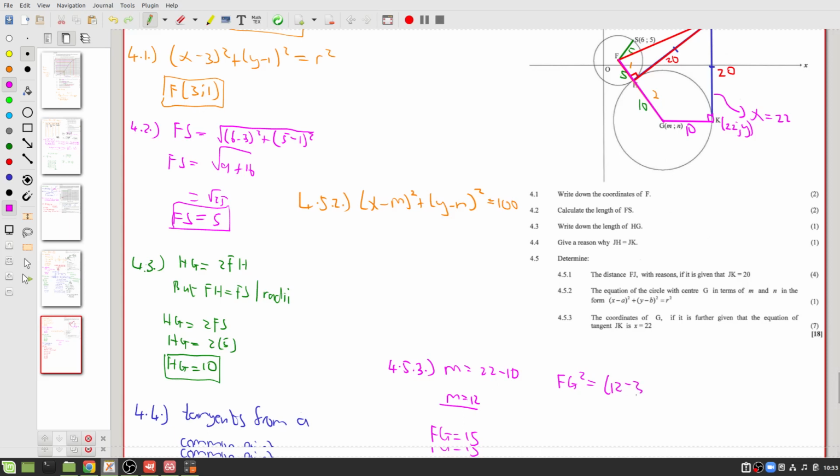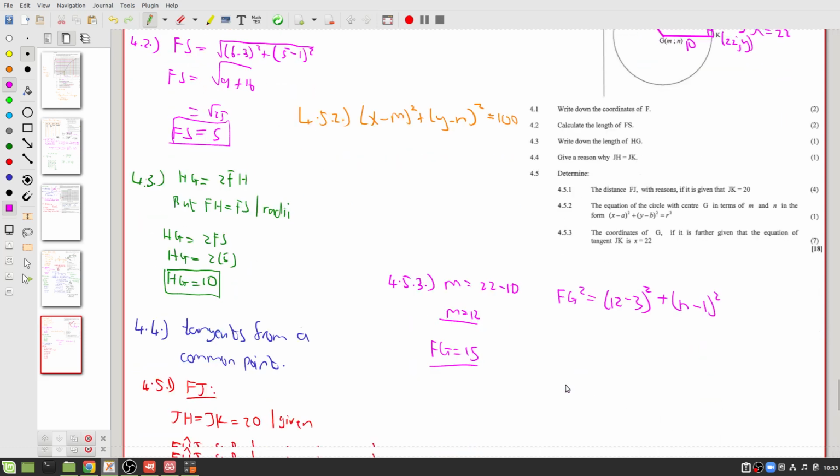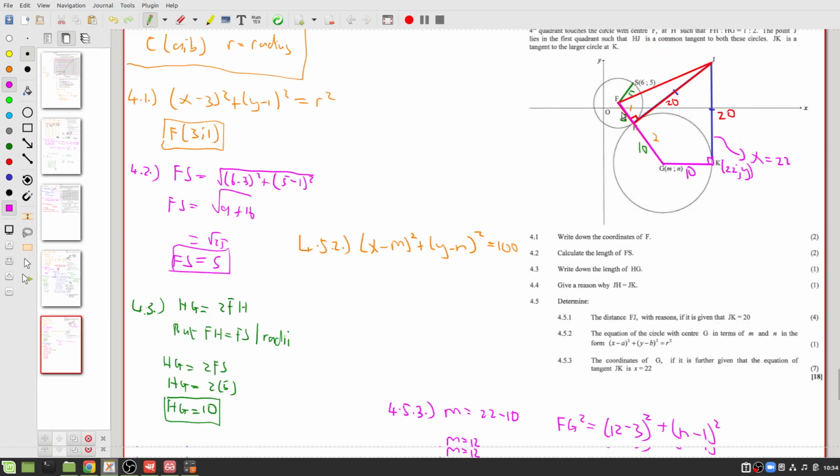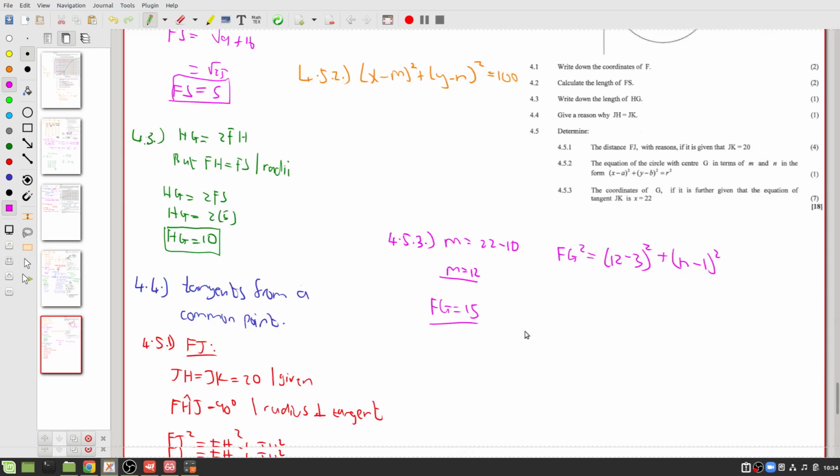So 12 minus the x coordinate of F, squared, plus now the difference between the y values. So the y value of G is n minus, what's the y value of F? 1, squared. Good. And then we can just solve for n. I hope this makes sense. Let me know if I didn't talk clearly enough or you got confused about what we're doing here. We're in essence just using the distance formula for FG. We already know the value for m, so we just plug it in.